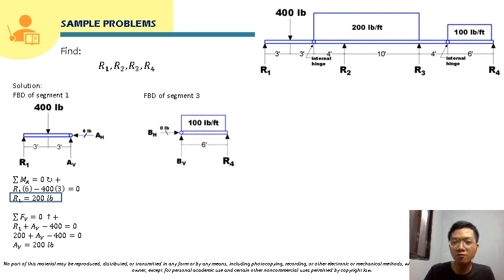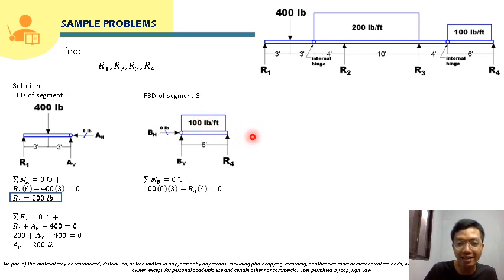So for the free body diagram of the third segment, we have here a 100 pound per feet uniform load, and then we have here R4, and BH will just be equal to 0 since there's no other horizontal forces here. So we can solve for R4 by taking moment at B. For the 100 pound per feet uniform load, we resolve this into its equivalent point load.